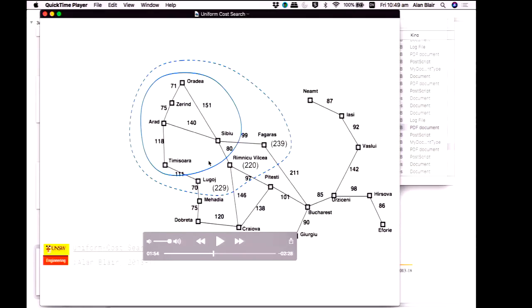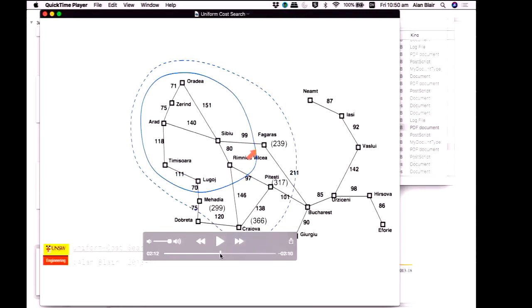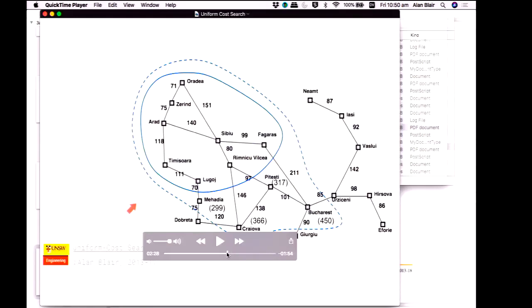So when we reach this point here, if you add this up, Fagaras is 239, Rimnicu Vilcea is 220, and this is 229, so the shortest among these is Rimnicu Vilcea. Then the shortest among these is Fagaras. Now, this is important. Once we've expanded Fagaras, we've generated the goal state, Bucharest.